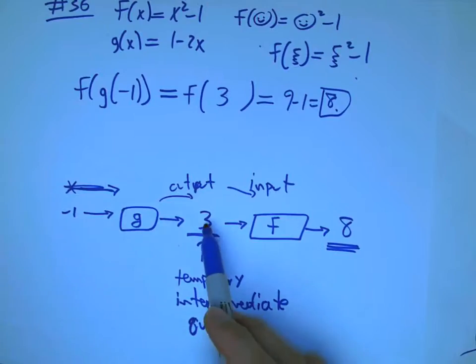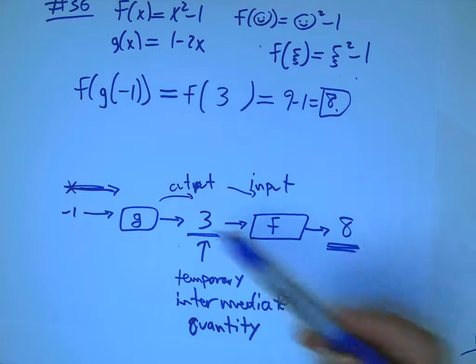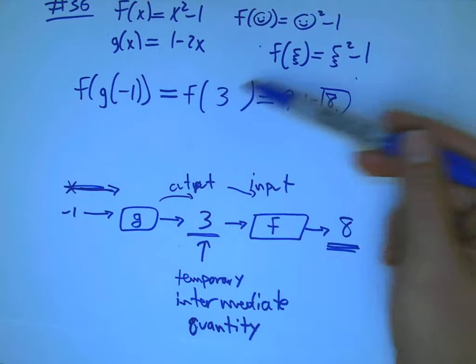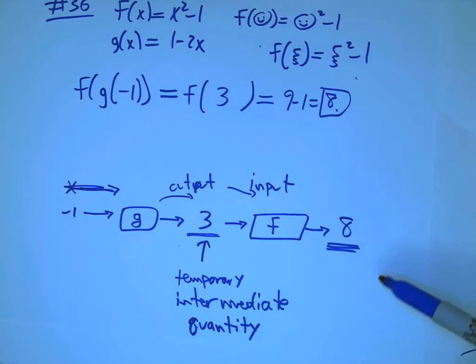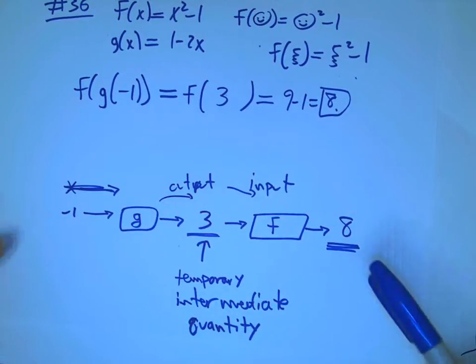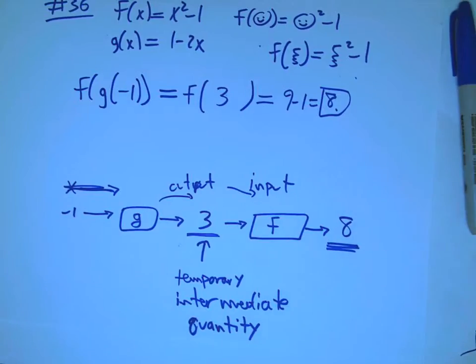My handwriting is getting worse, isn't it? Because I'm rushing. Okay, it's a temporary intermediate quantity. It's important to the calculation, but it disappears at the end. We've put minus 1 in. We did two things to it, and an 8 pops out. So this turns out to be super important the more you do with functions, and especially if you ever go into the calculus arena, that's very important as well.